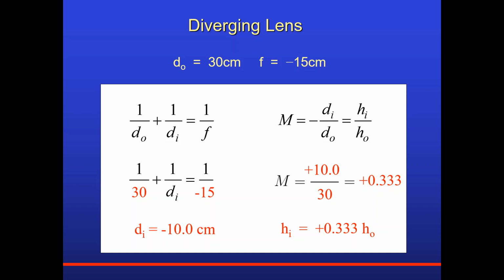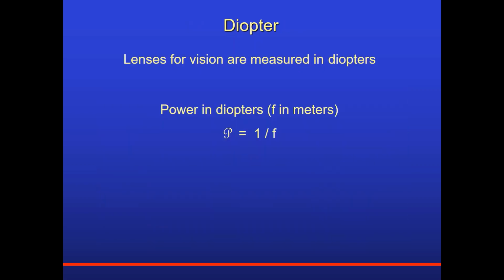Before we finish this one, I already brought up the topic of vision correction. I want to mention the fact that for vision correction, lenses are measured in diopters. What is a diopter?